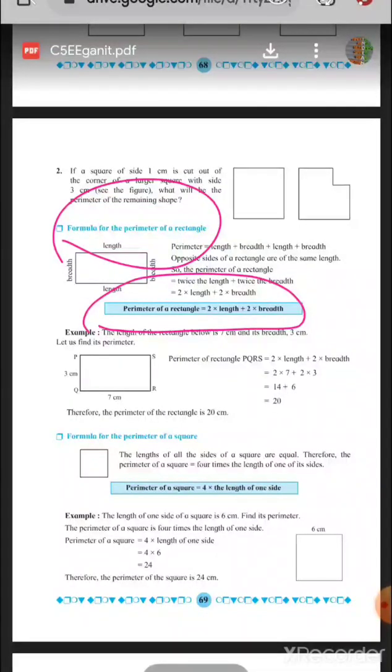Perimeter of a rectangle is equal to 2 multiplied by length plus 2 multiplied by breadth. A rectangle has 2 lengths and 2 breadths. So we will multiply 2 by length plus 2 by breadth. This formula you need to learn by heart.